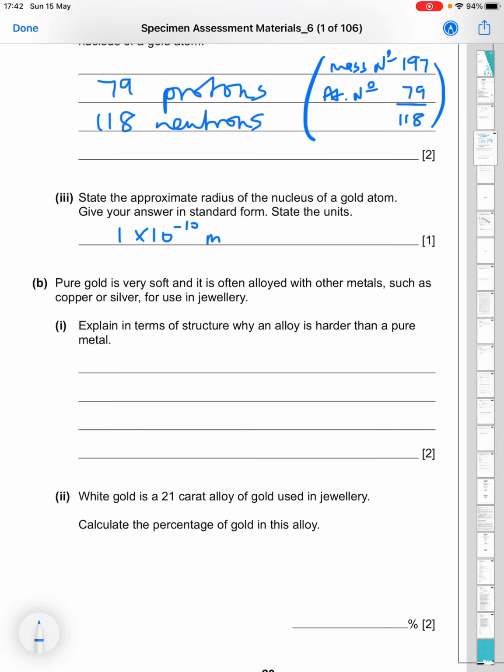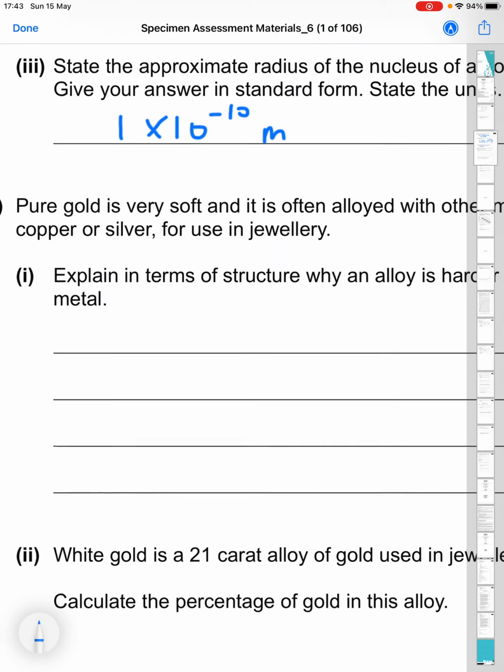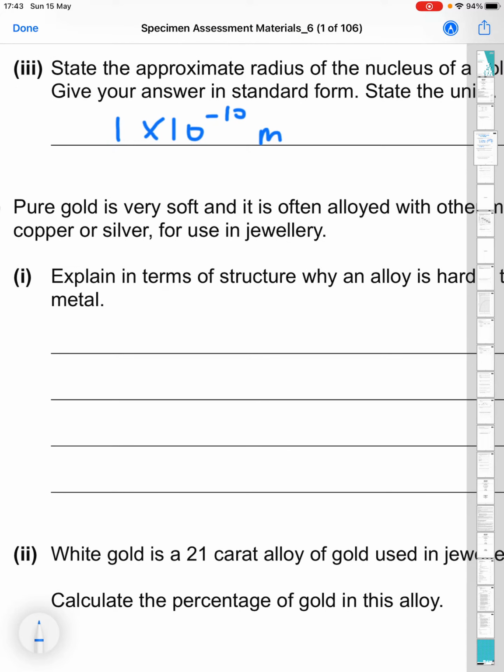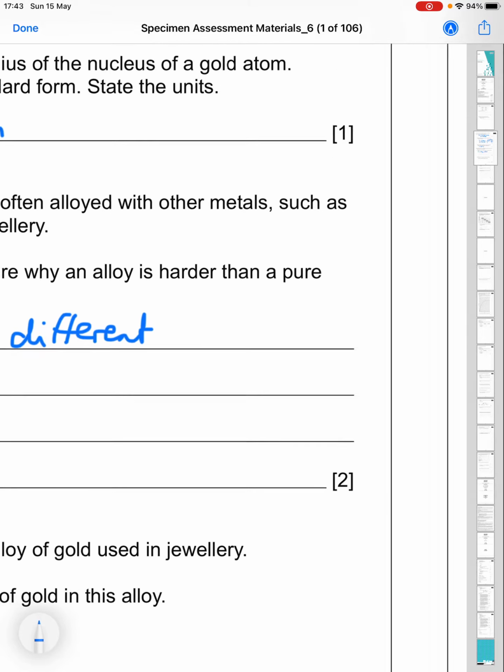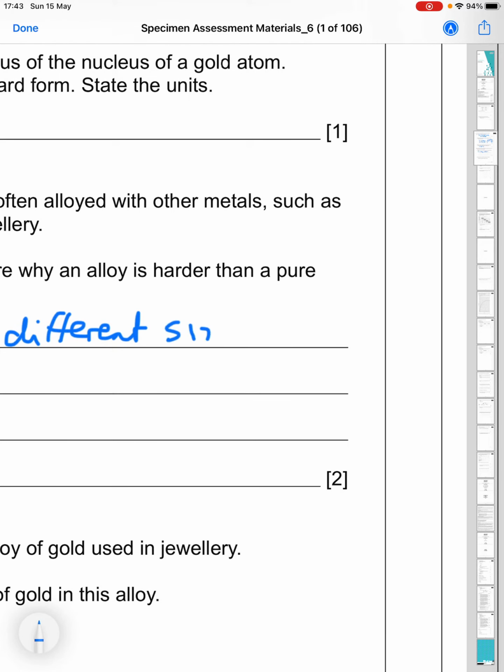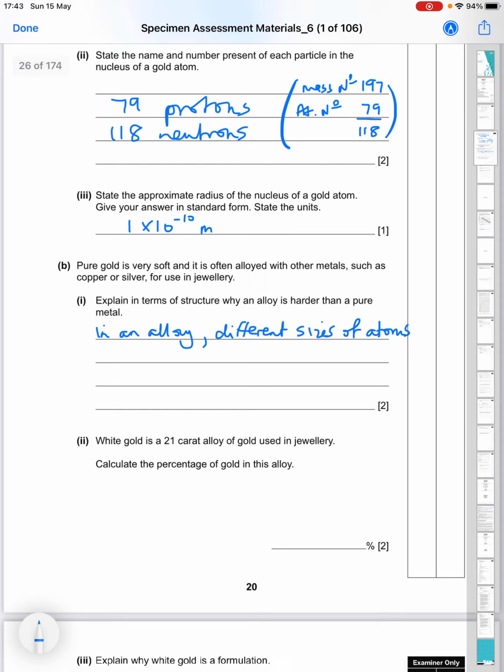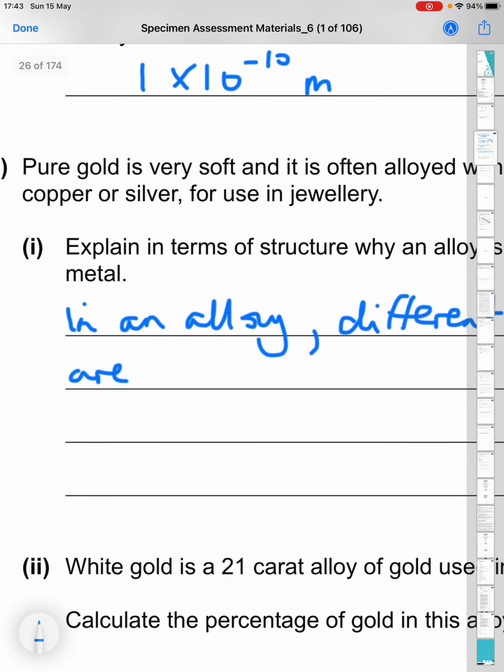Pure gold is very soft and is often alloyed with other metals such as copper or silver for use in jewellery. Explain in terms of structure why an alloy is harder than a pure metal. So what I want to say here is that in an alloy, different sizes of atoms are present.